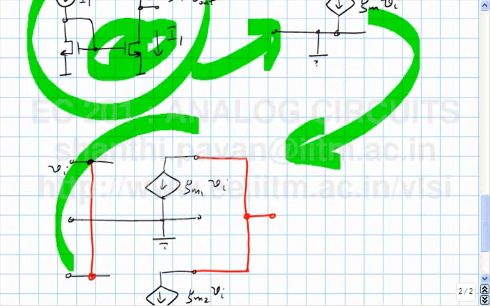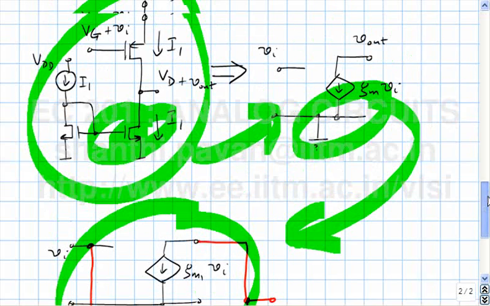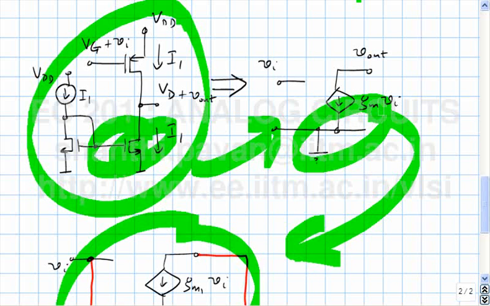When will this chap be equivalent to this guy? All that I have done is split this controlled current source Gm into two parts, one which is Gm1 and one which is Gm2. So the two will be exactly identical and indistinguishable from each other when Gm1 plus Gm2 is equal to Gm. Does that make sense? Okay, great.